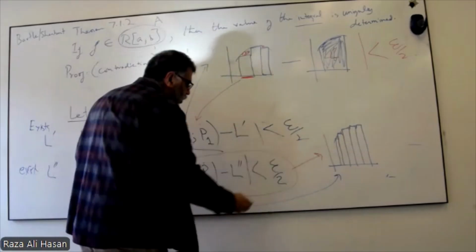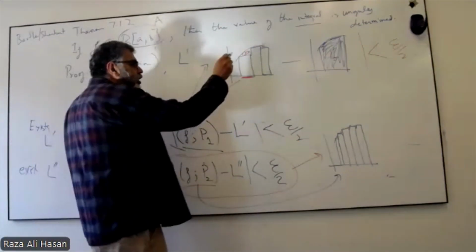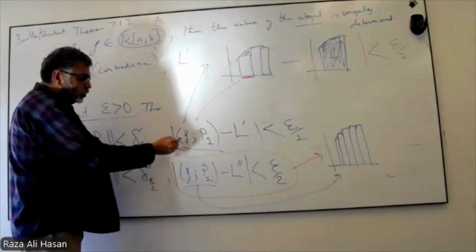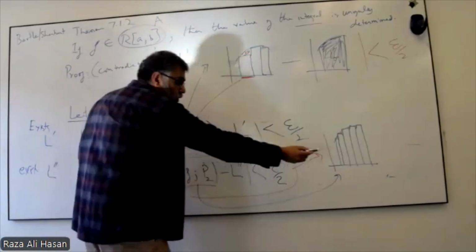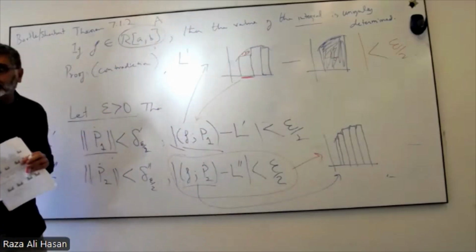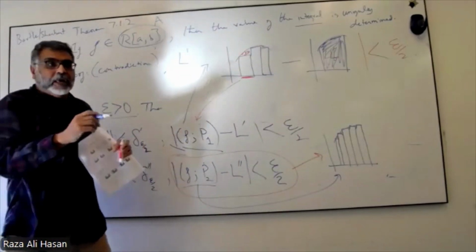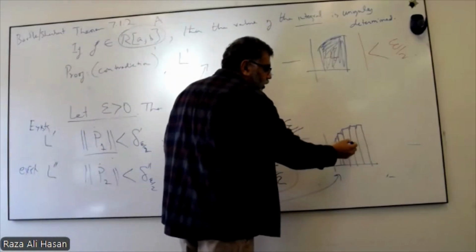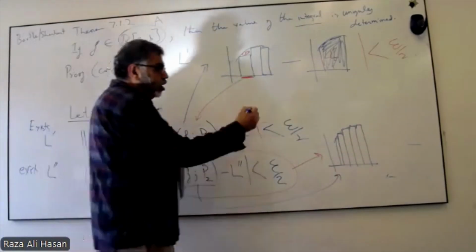This Riemann sum gives us a better approximation of the area under the curve than this Riemann sum, because the second partition is better than the first partition. It has more rectangles, so it captures more area under the curve. And if we add the areas of individual rectangles, we get a better approximate sum of the area under the curve.